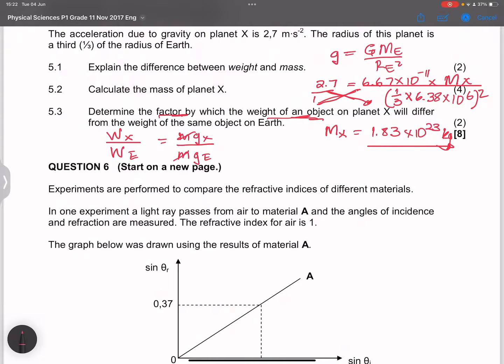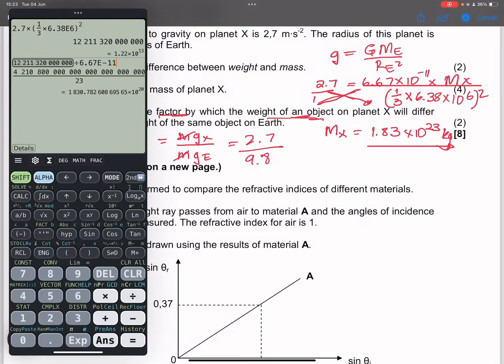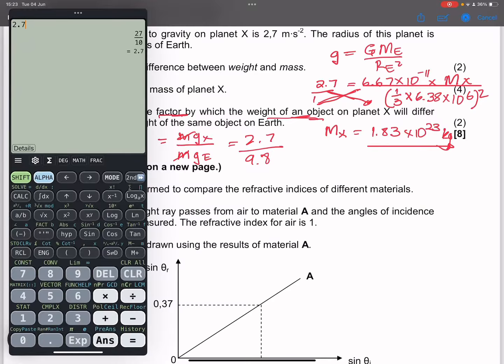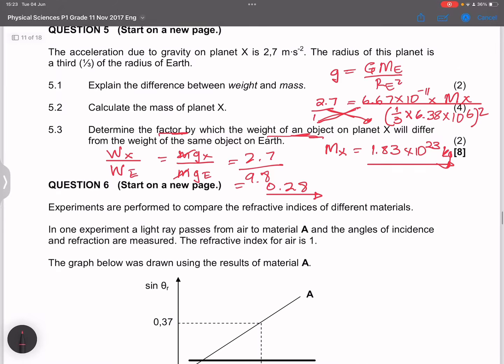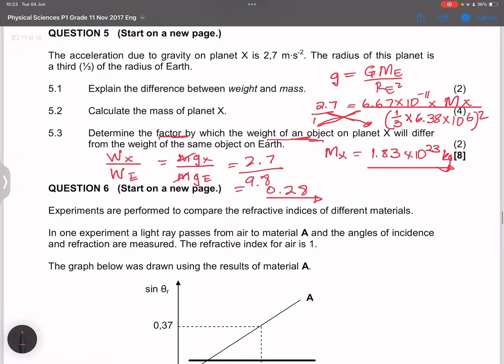So what that simply means is that I can take the two gravitational acceleration values, so that's 2.7 divided by 9.8, and so that is the factor. So that's 2.7 divided by 9.8, and that means that the factor is 0.28, right? And remember, this is just a ratio, a factor, so there shouldn't be any units in that regard. Right, ladies and gents, that is how we're going to conclude question 5.